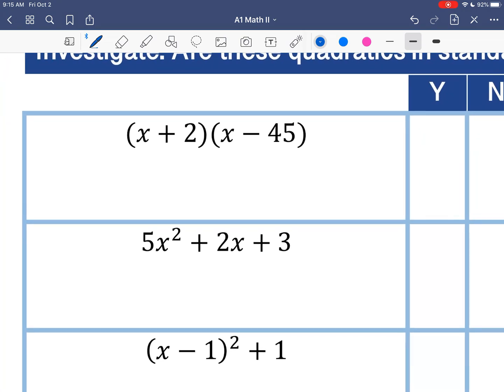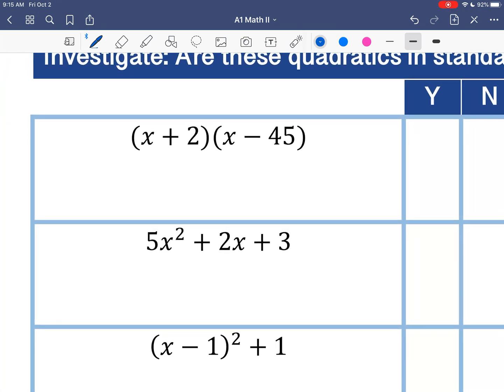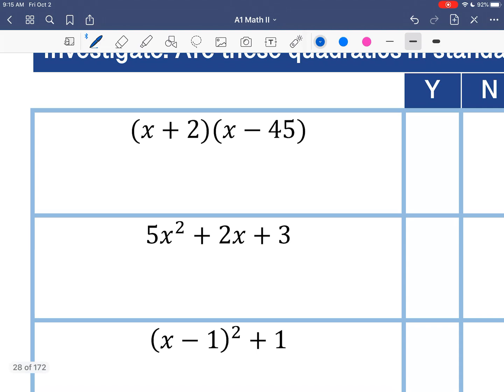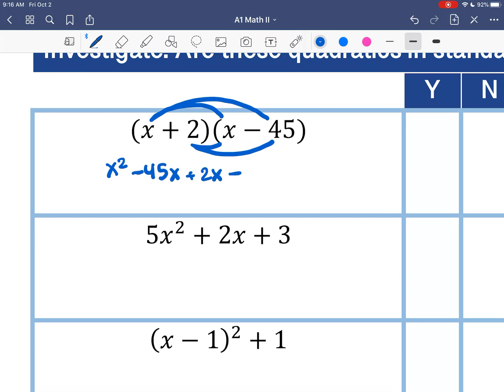This first one is clearly not in standard form. We don't have an x squared, an x, and a constant term. So we need to distribute on this one to make it into standard form. That gives us an x squared for that first distribution, and then a minus 45x for the second, and then a positive 2x, and then a minus 90.